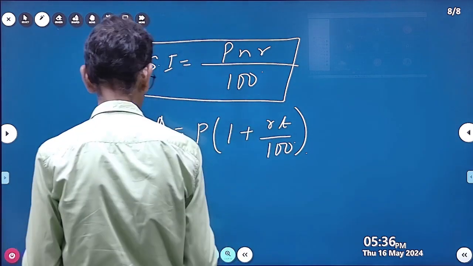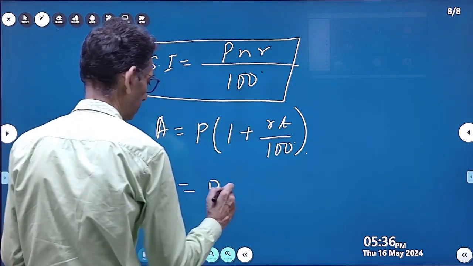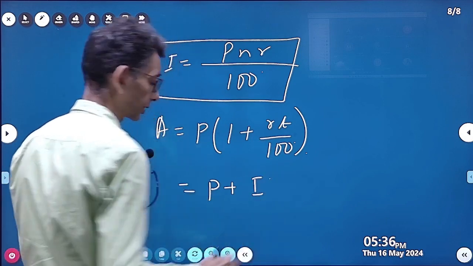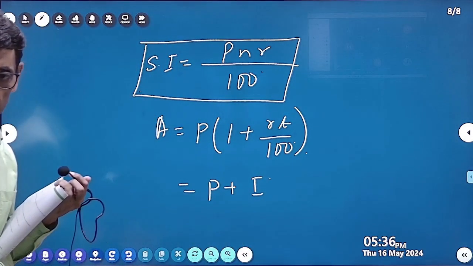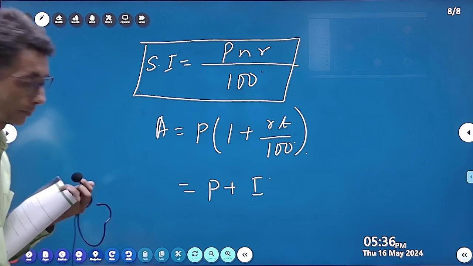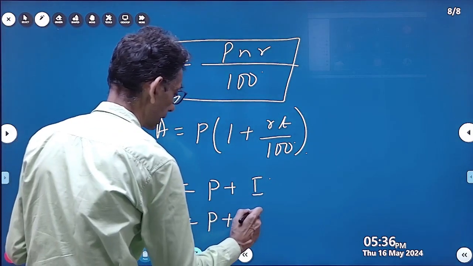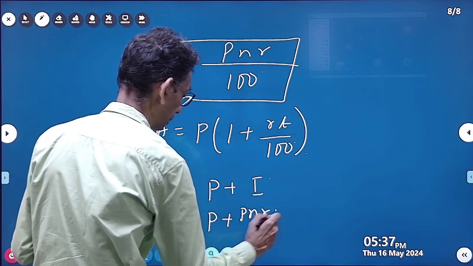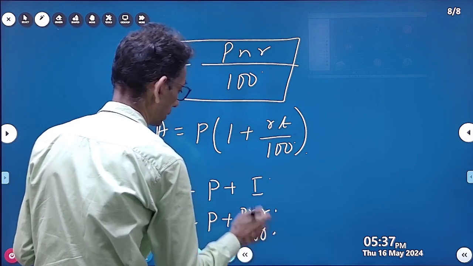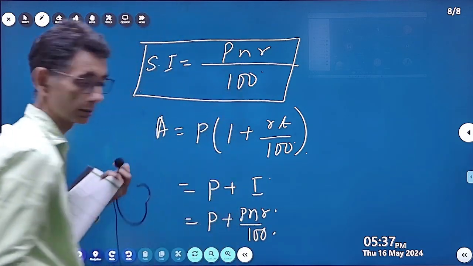What is the meaning of amount? Principal plus interest. If you substitute I as P and R by 100 into the formula, then you take P common. If you take P common, P and R by 100.